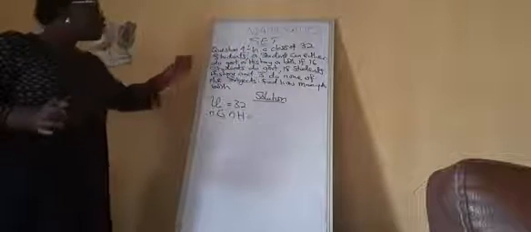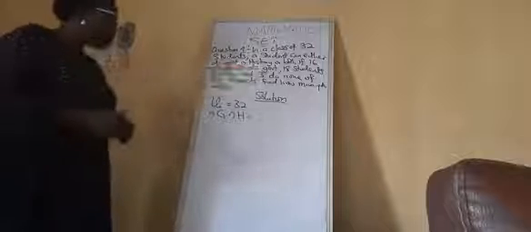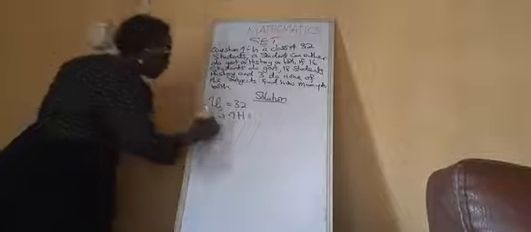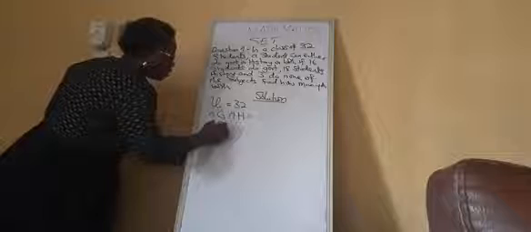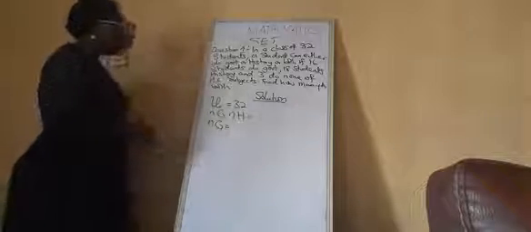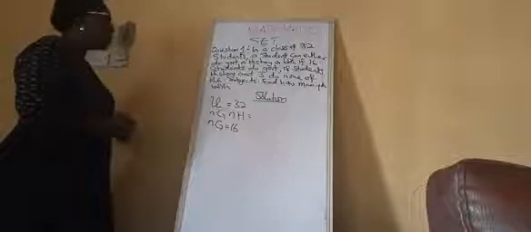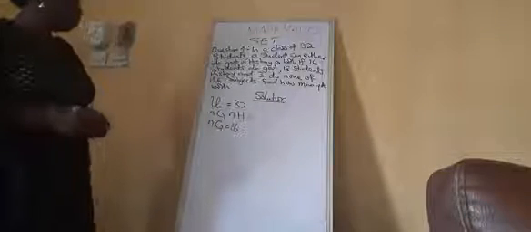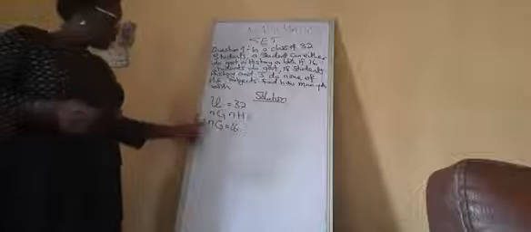Now, if 16 students do government, so the number of students that do government now, that's what we want to find. So we have 16 here.